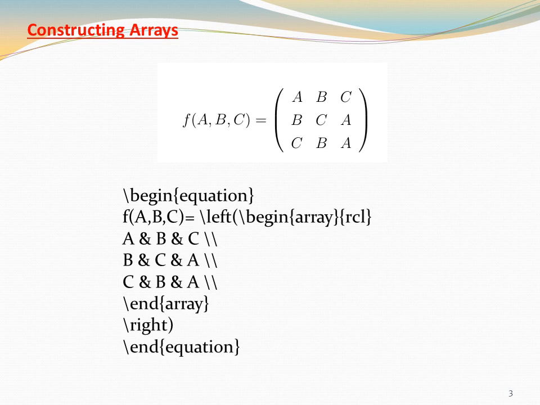Then we write a ampersand for the column separator, b, c and end with two backslashes, the end of the row. Similarly write the second and third rows and end with the \end{array} command, and to get this bracket \right, then \end{equation}. Then execute the equation, then obtain the final equation in LaTeX.